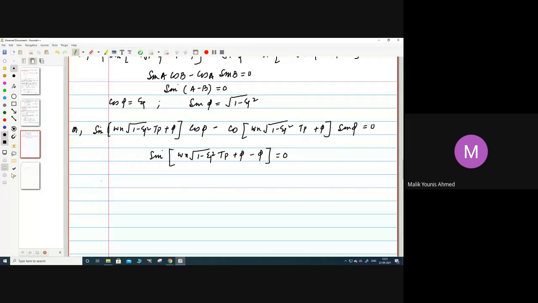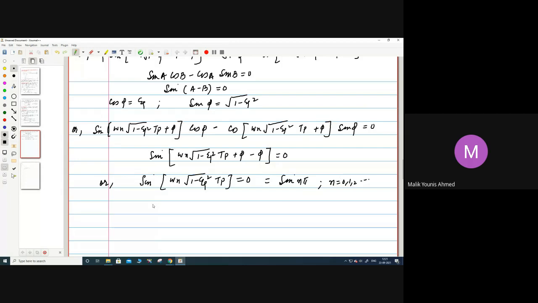So we can write this expression as sine of omega n under root of 1 minus xi square Tp equal to 0. This can only be 0 when we have sine of n pi, where the value of n will vary from 0, 1, 2, and so on.